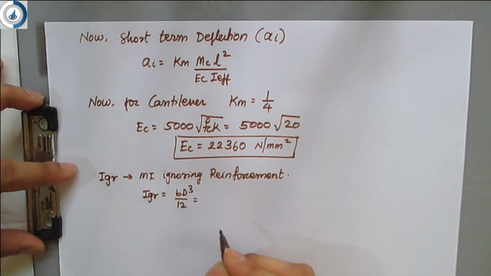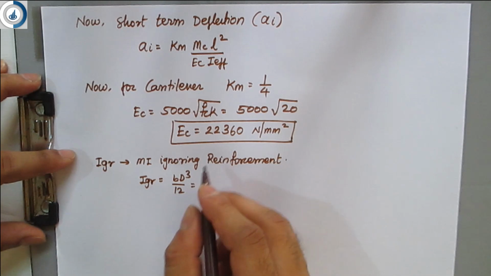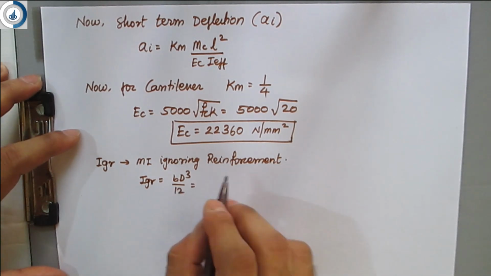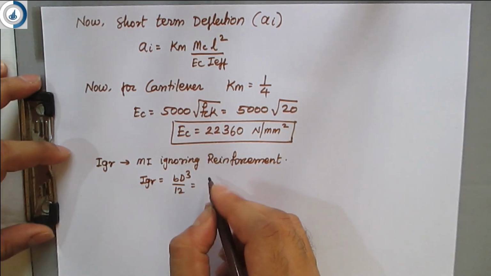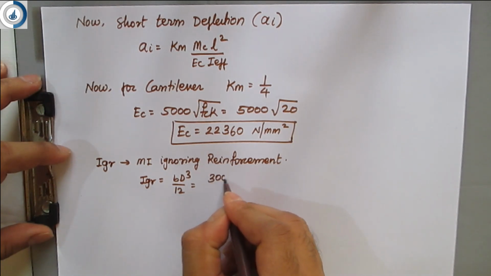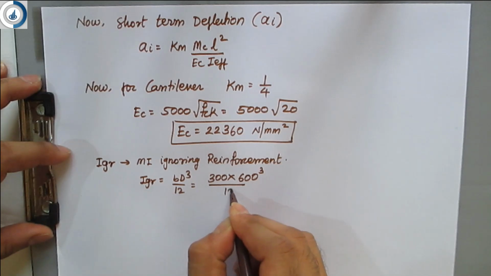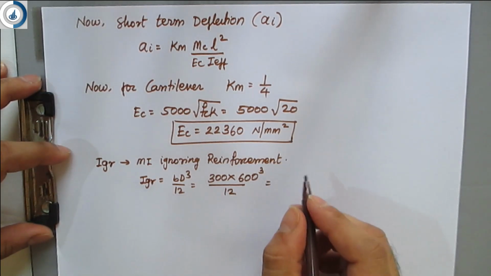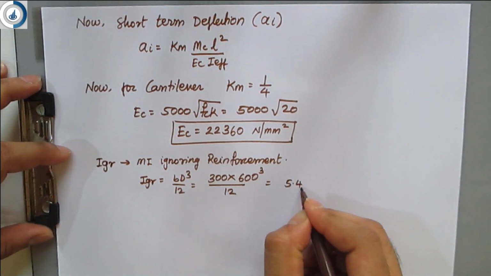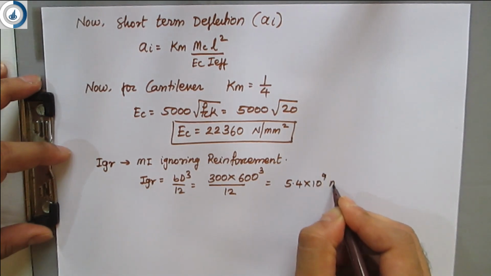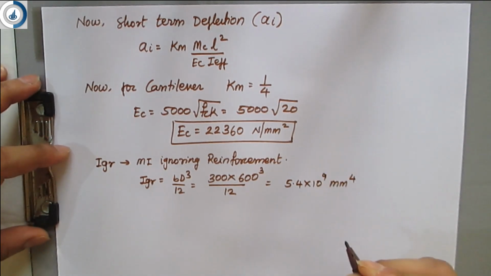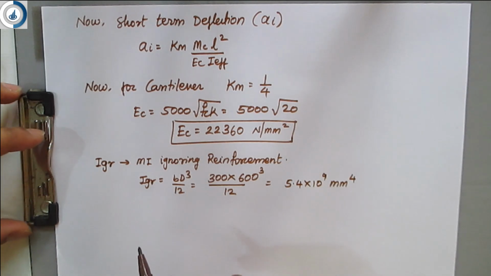This is your normal formula from your strength of materials or engineering mechanics basics. So b given is 300, total depth given is 600, cubed, divided by 12. So Igr works out to be 5.4 into 10 raised to 9 mm raised to 4. This is your moment of inertia ignoring reinforcement.